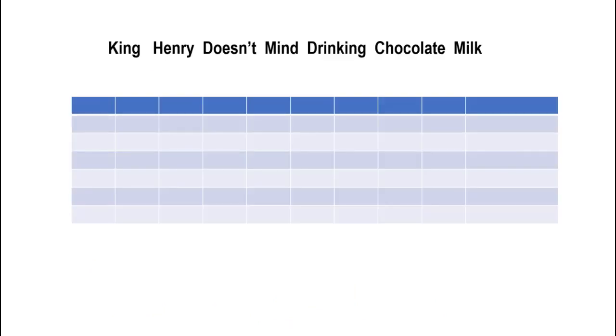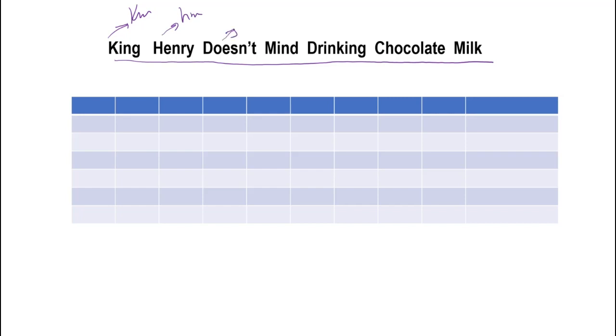To find the relationship between kilometers and centimeters, I would like you to remember this sentence: King Henry doesn't mind drinking chocolate milk. For King, you think about kilometers. Henry is hectometer.